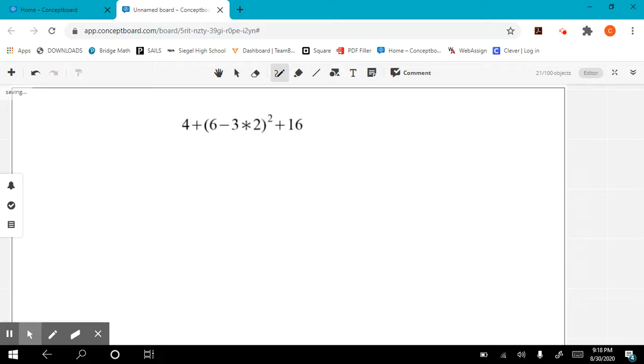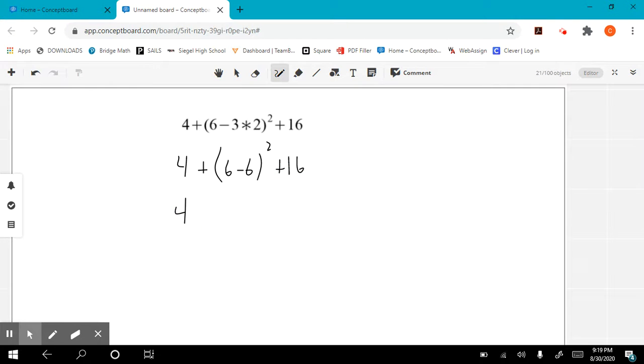All right, so we do have a parenthesis, so this one's a little bit different. We have to do the operations inside the parentheses first. And then within the parentheses, you have to follow your order of operations too. So inside the parentheses, before I subtract, I have to multiply. So this is going to be 4 plus 6 minus 6 squared plus 16.